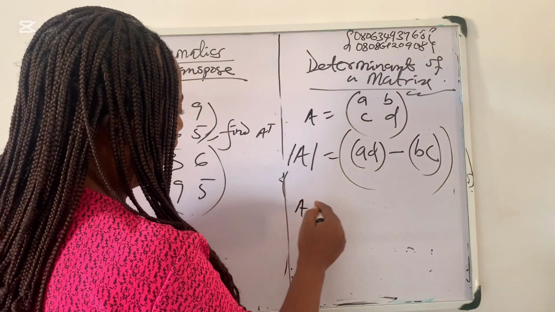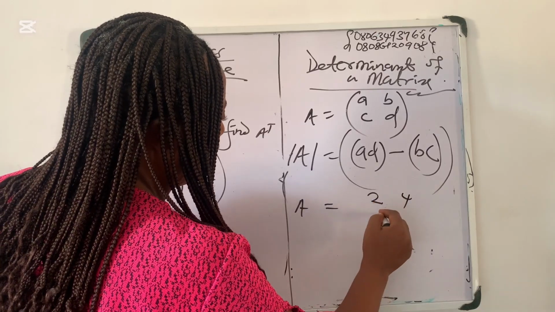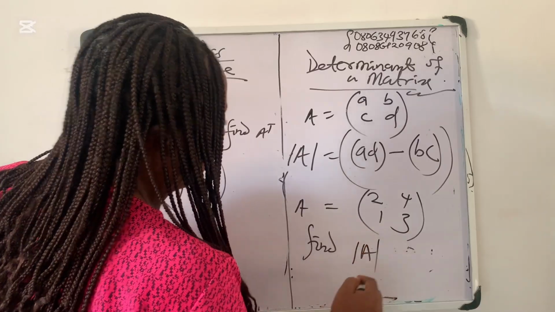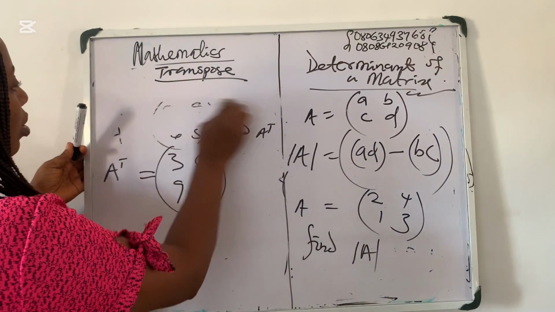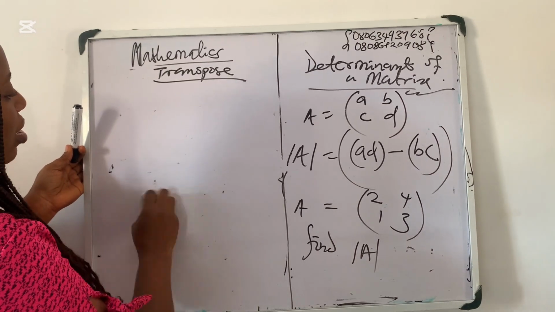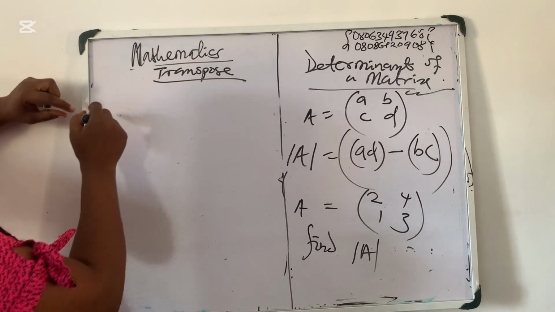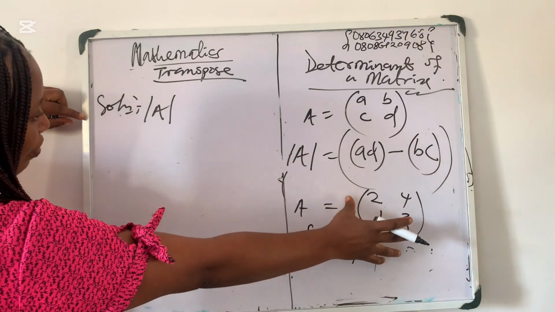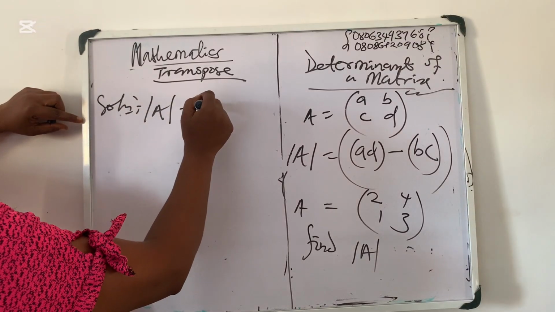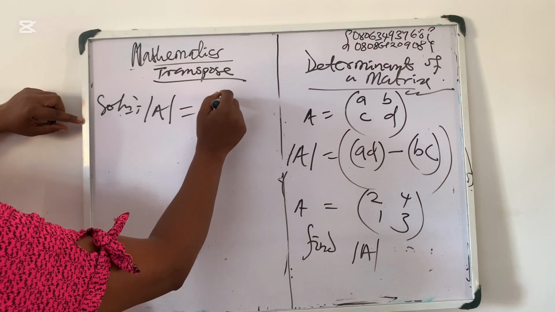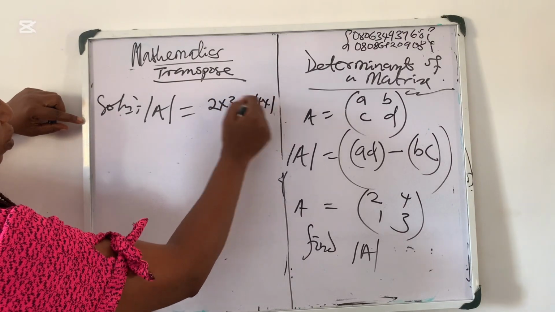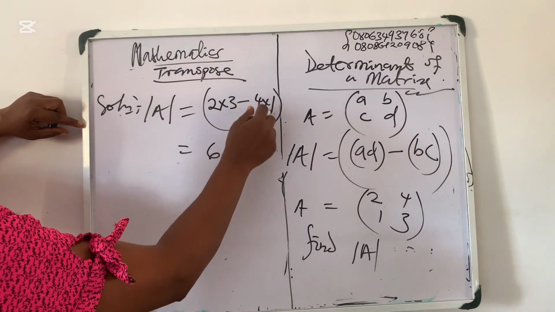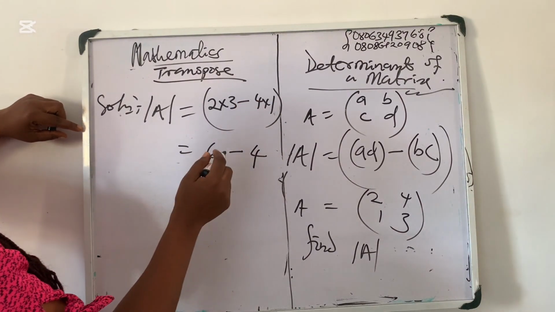Now, what if you are given this? Let's say you have 2, 4, 1, and 3, and you're asked to find the determinant of A. Taking a clue from what I just showed you, the determinant of A for this given matrix is simply 2 times 3 minus 4 times 1. 2 times 3 is 6. 4 times 1 is 4. 6 minus 4 is 2.